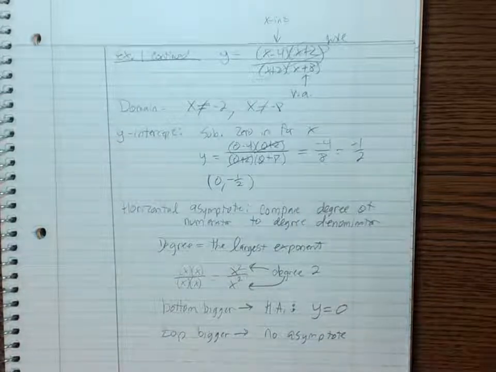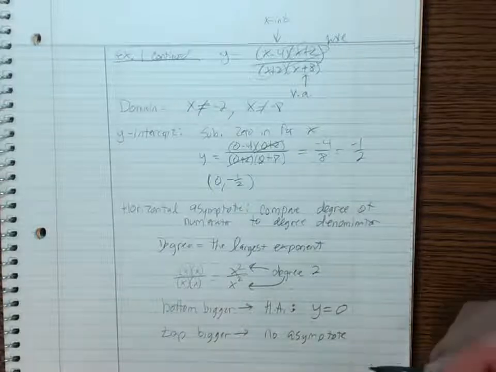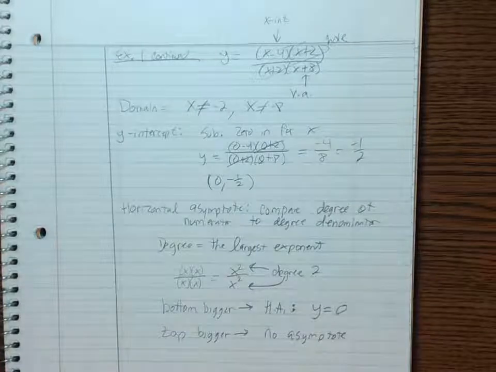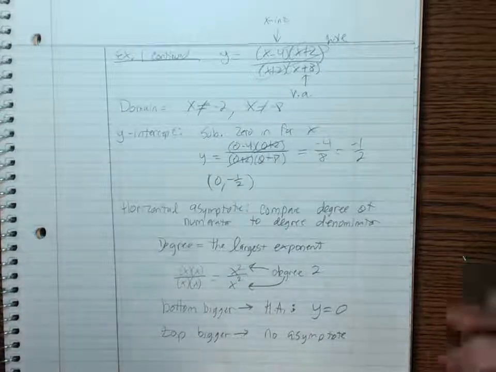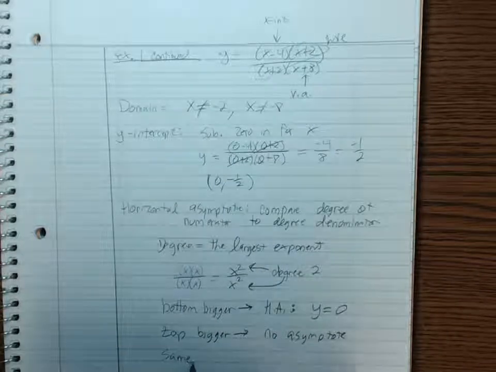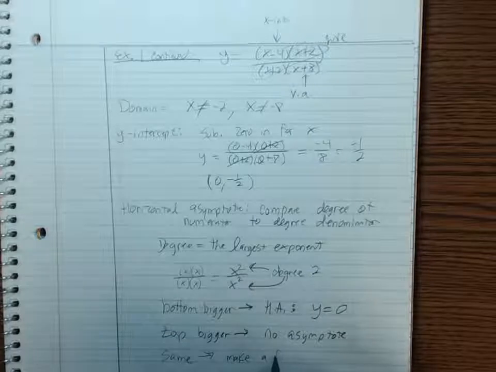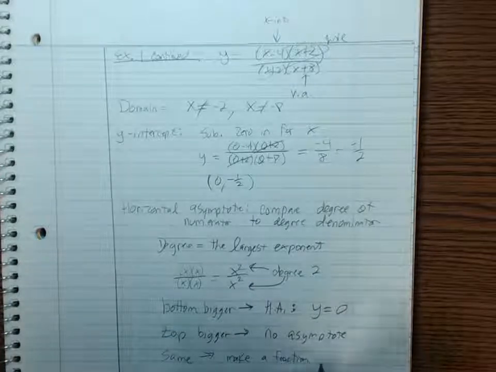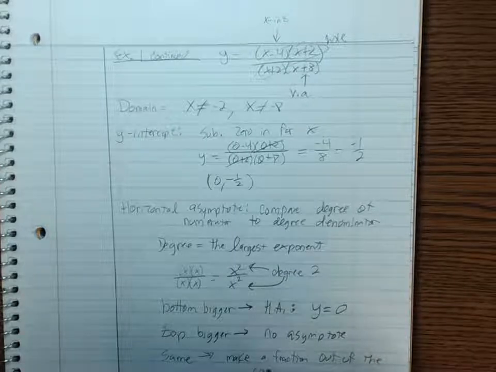If the top is bigger, there's technically a slant asymptote, but we're not going to look at it. So as far as we're concerned, there is no horizontal asymptote. And then if they are the same, then you make a fraction out of the coefficients.